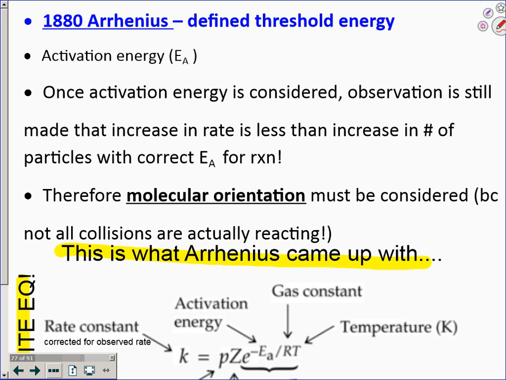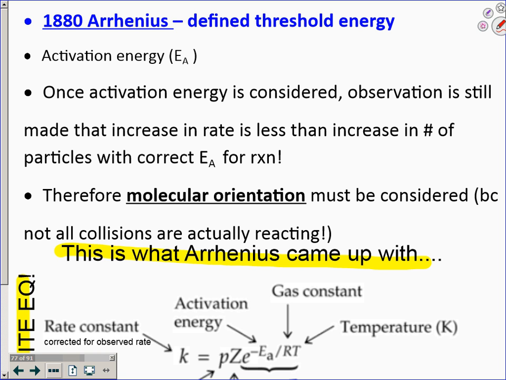This kind of is the same thing we said earlier. He was trying to find a way to explain why the observational rate was not what they thought it was going to be. So they made these predictions, the rate wasn't what they thought it was going to be, so there must be a reason why. So he made some corrections to this weird equation we're going to see down here, which we call the Arrhenius equation, to account for those differences in observations.